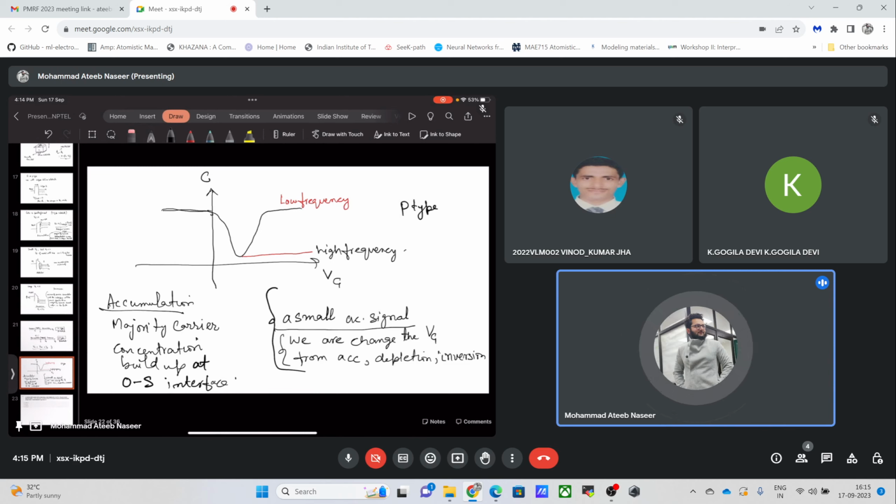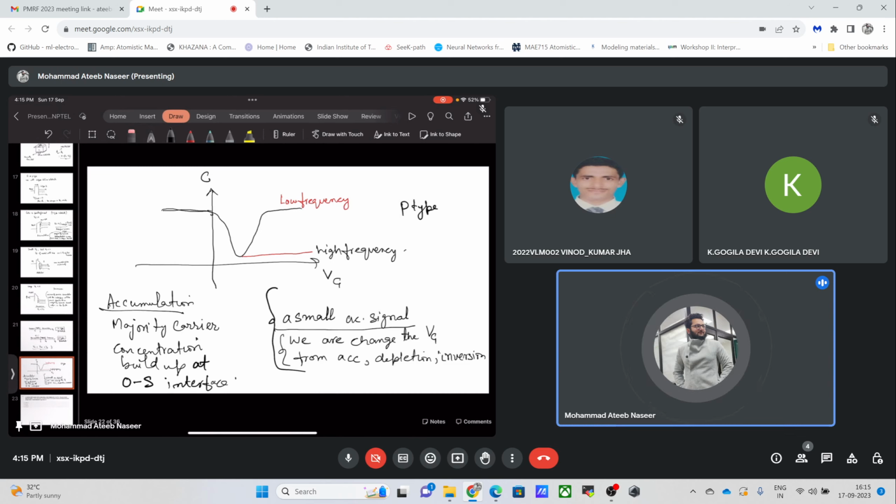Since this is associated with the majority carriers, it would change rapidly, because the majority carriers are already in a large number. So whenever I apply this DC bias, these majority carriers will respond quite easily to the applied biasing conditions.